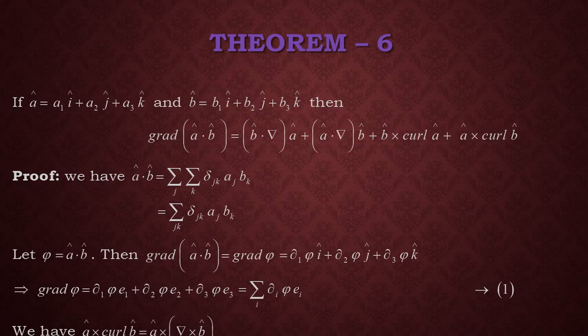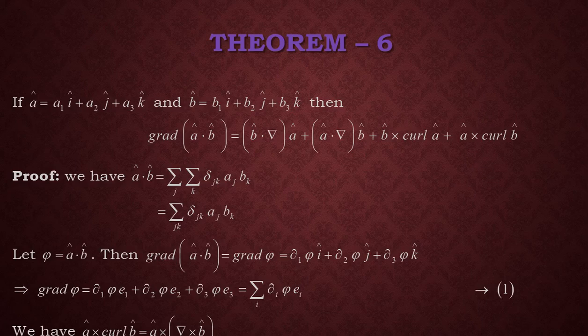So A cap dot B cap equals summation sigma over j, summation sigma over k, delta suffix jk A suffix j B suffix k. Here the indices j and k take the values 1, 2 and 3. Instead of writing two summations, we can write down only one summation over the indices jk.